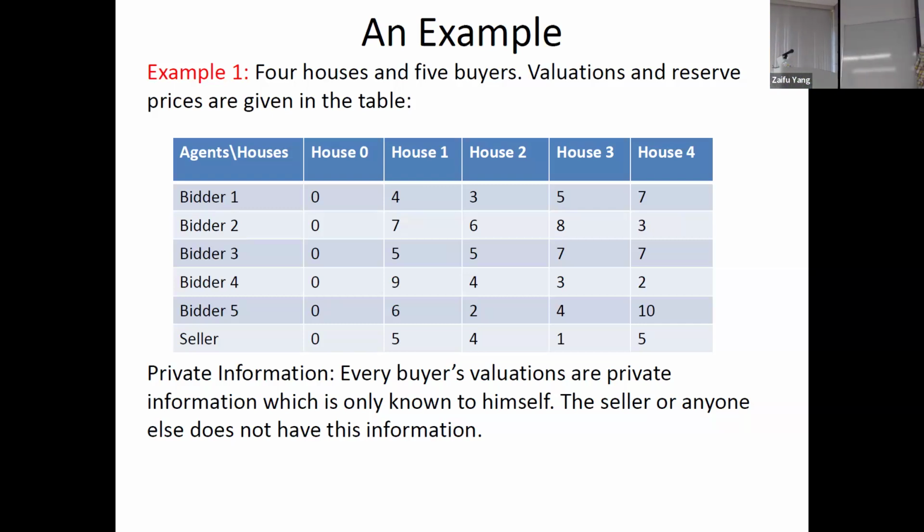This is the information that every agent knows himself, and no one else knows. Then the question is how should we allocate the houses in an efficient way, so that no agent is able to manipulate.